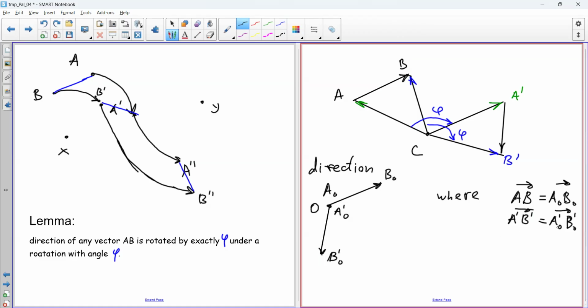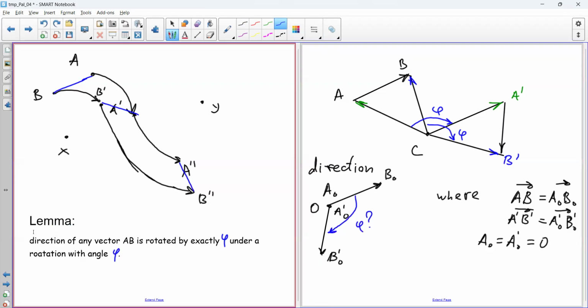And all the starting points here, like AO equals AO prime equals O. So we literally just do translation of this vector to some fixed point, origin preferably, and this vector also to the same point. So the statement here, the sense of this lemma, is that this must be angle phi.